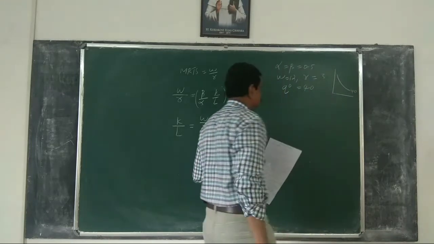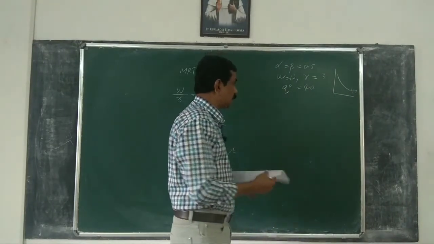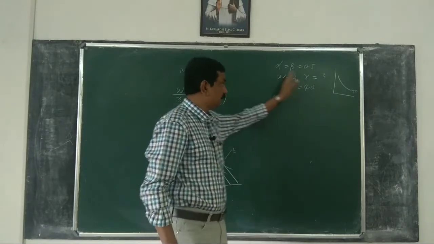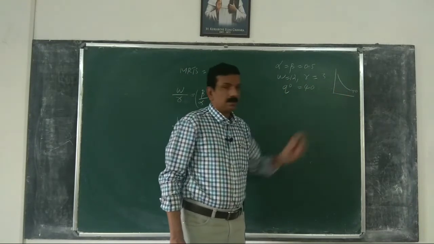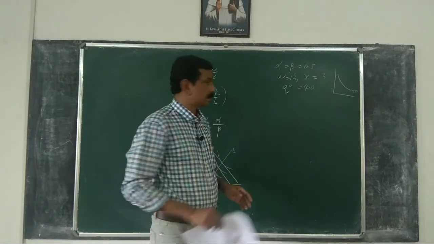Now the question is, which combination of capital and labor produces 40 units of output with the minimum cost?